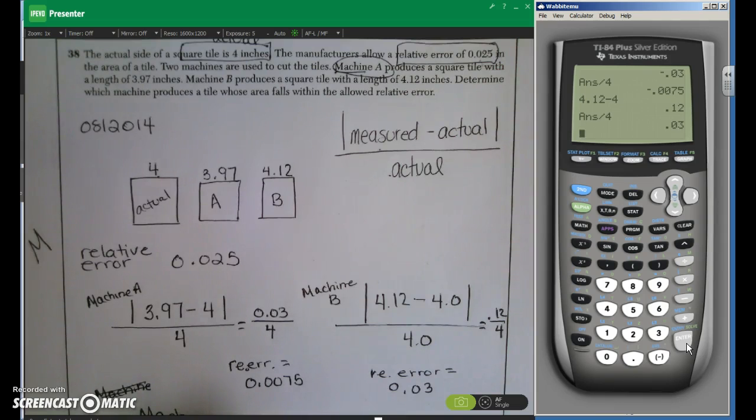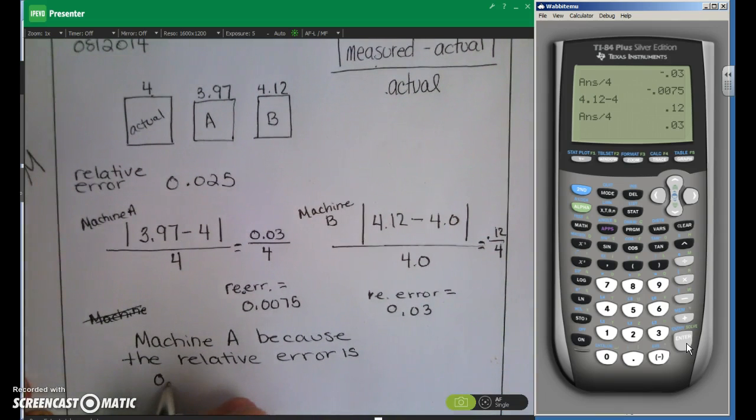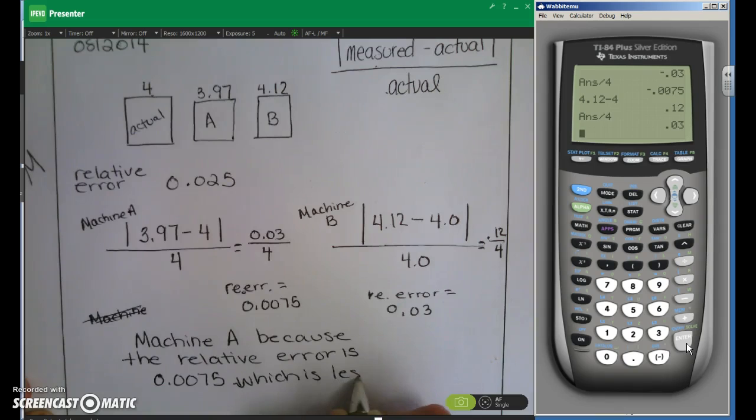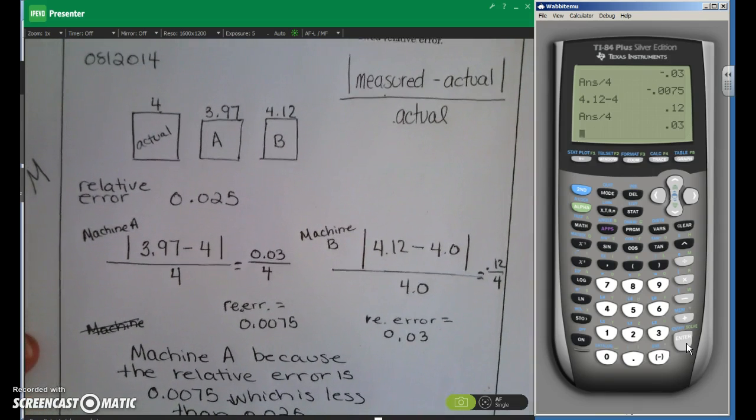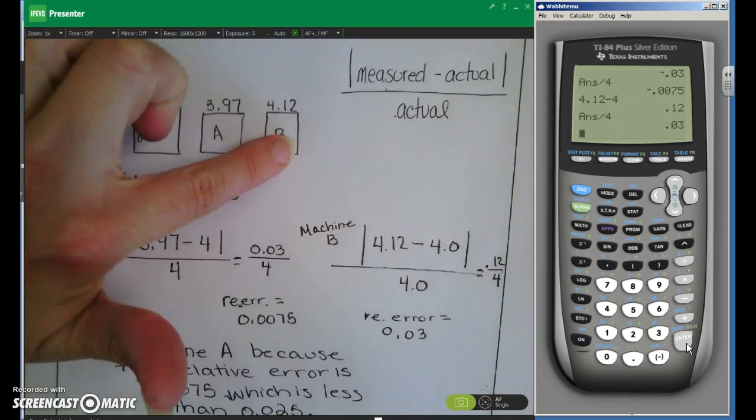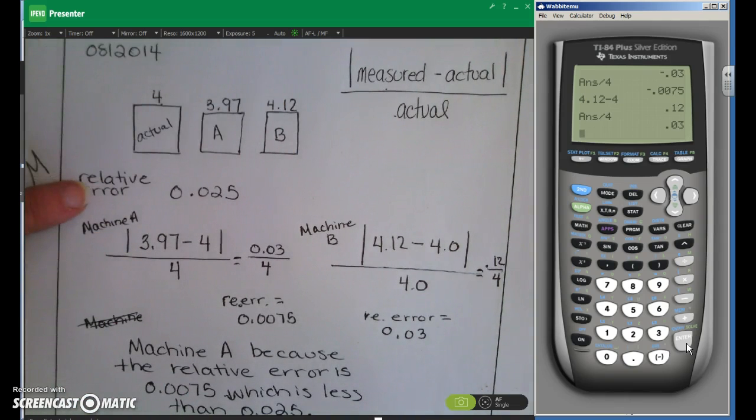So my answer is going to be machine A, because the relative error is 0.0075, which is less than 0.025.